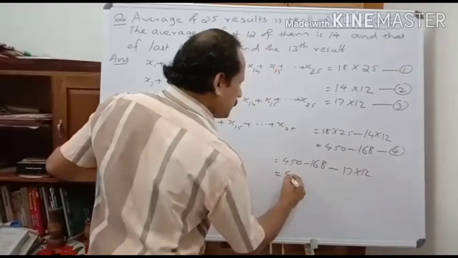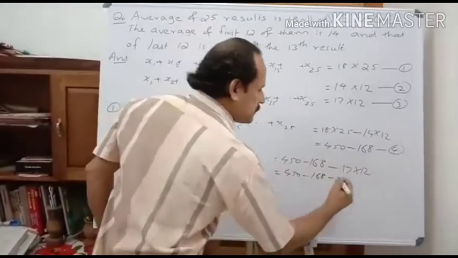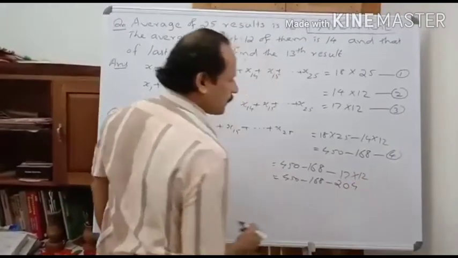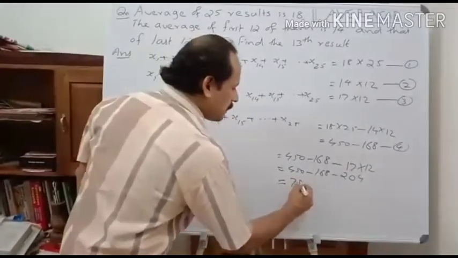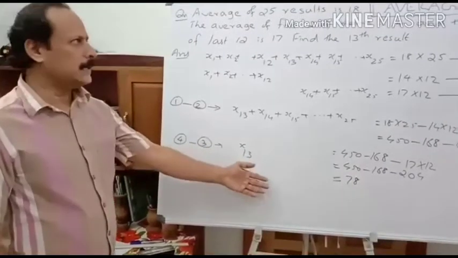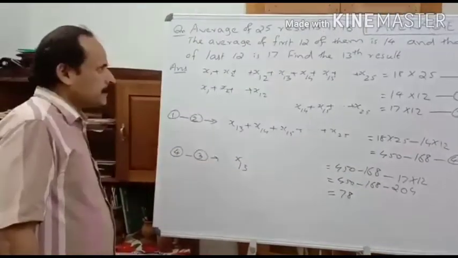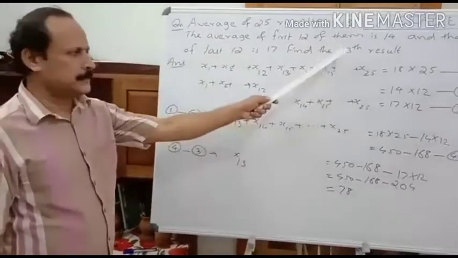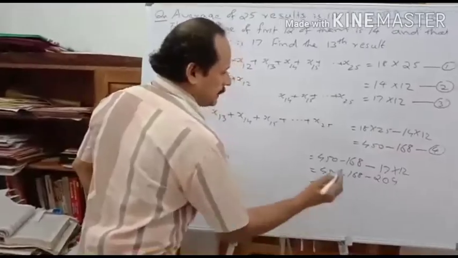This is 450 minus 168 minus 204. If we simplify this, we get 78. x13 is 78, that is, we automatically reach the required result. We have to find out the 13th result, that is x13, and that is here 78.